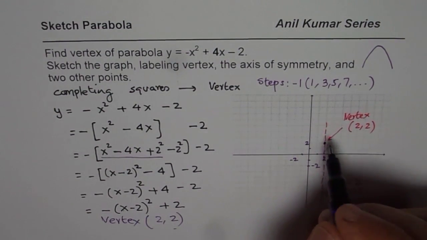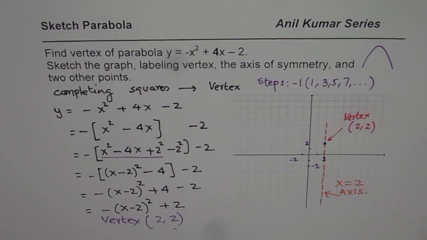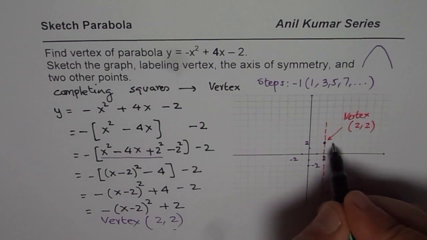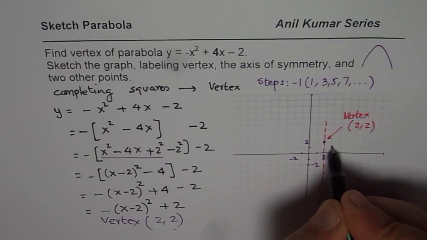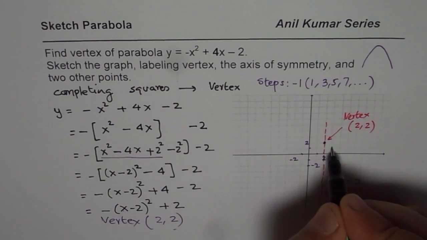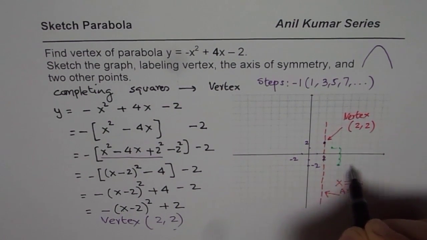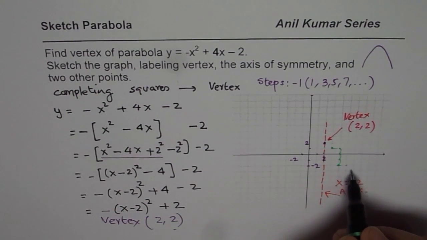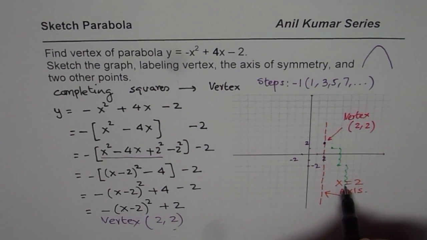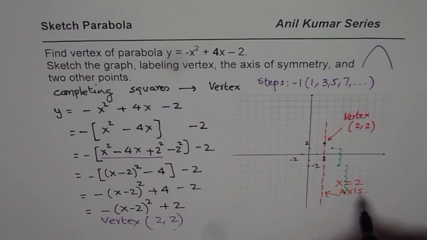So minus 1 really means that if I take one step to the right, then I have to move one step down. Then next step to the right, I have to move 3 steps down, 1, 2 and 3. Next time it is 5 steps, 1, 2, 3, 4 and 5. Now that is how you get your points on the parabola, correct?